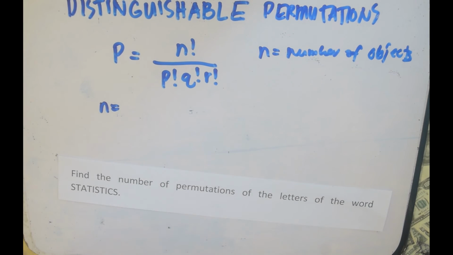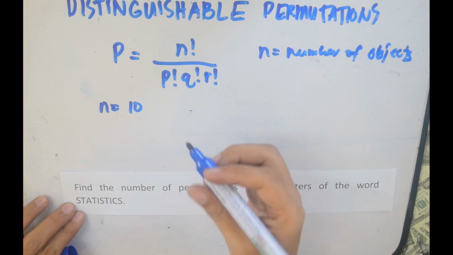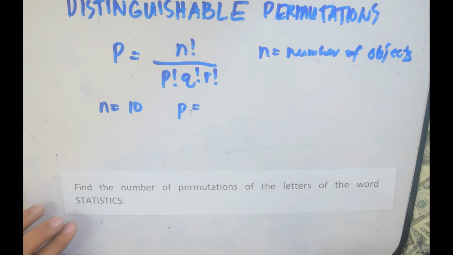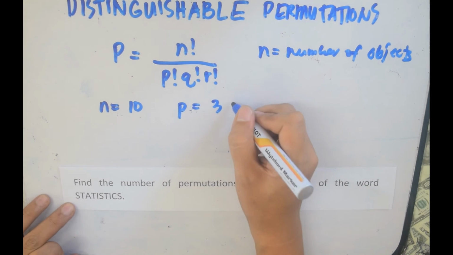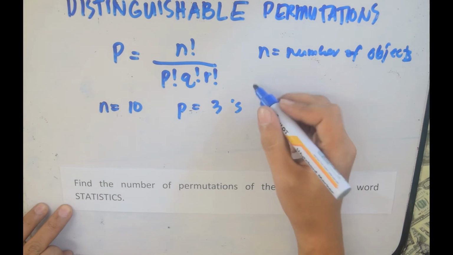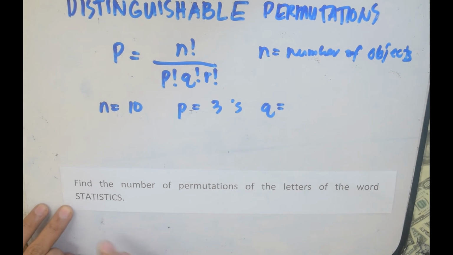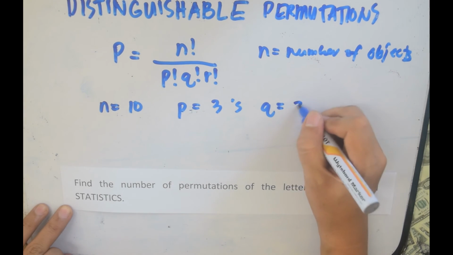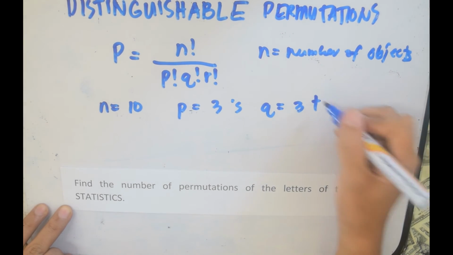There are 10, so n is 10. Our p here is, we have 3 S's, 1, 2, 3. And our q here, we have 3 T's, right?